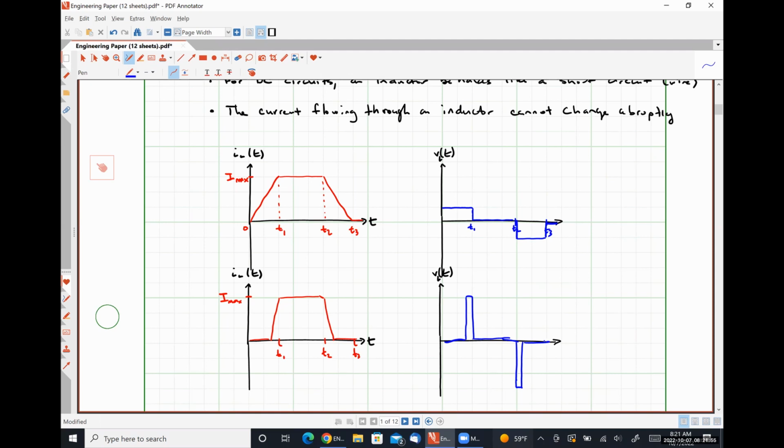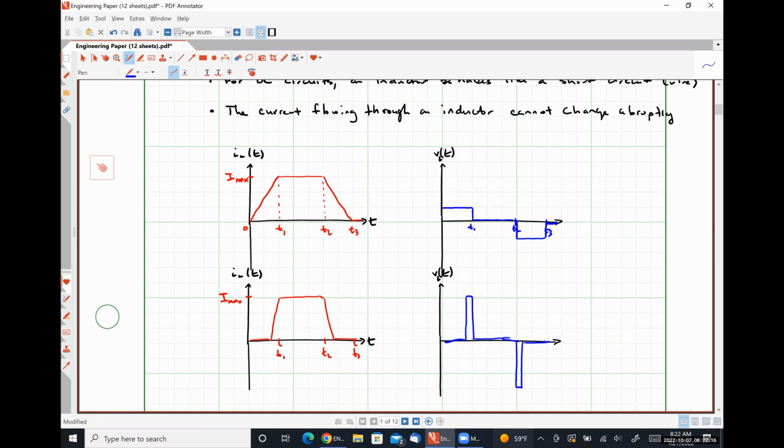So if we take this phenomenon to the extreme and we allowed the current to instantaneously change from some low value to some high value, what would happen to the voltage? It'd be infinitely large, right?